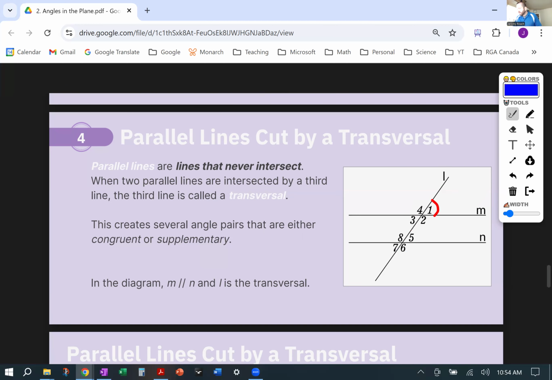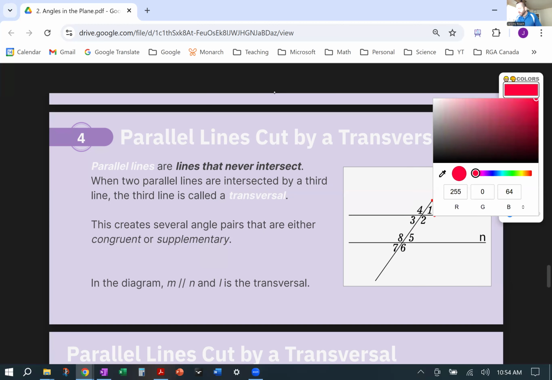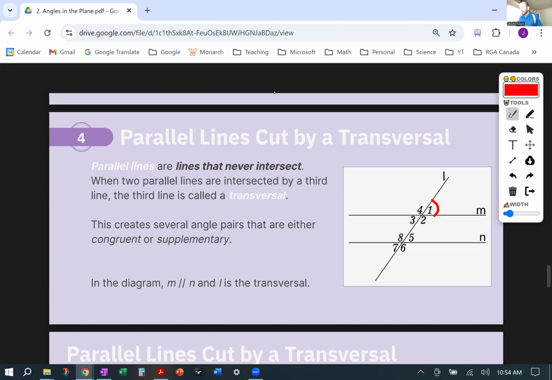The first thing I showed you was vertical angles, but that's actually not one of the things that we technically memorize with these parallel lines and transversals. The first thing we memorize or learn about is that these are corresponding. They correspond and they're the same angle measure. The next one, I'll just pick the next one here, and these are alternating around the transversal.